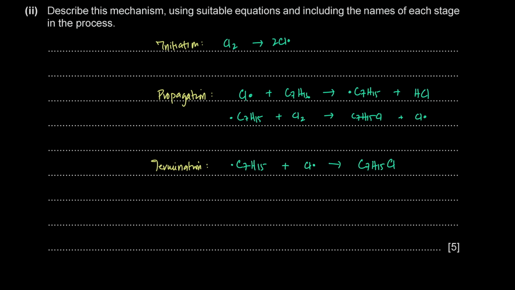There are other terminations possible as well. For example, two of these C7H15 radicals can react with each other, so I'll write that down as an alternative termination. C7H15 radicals can react with other C7H15 radicals to form C14H30 as well.